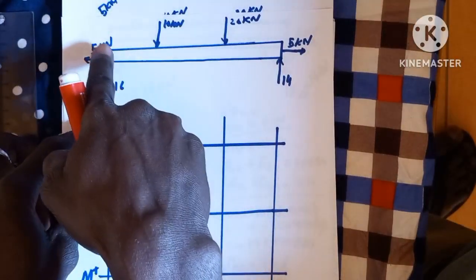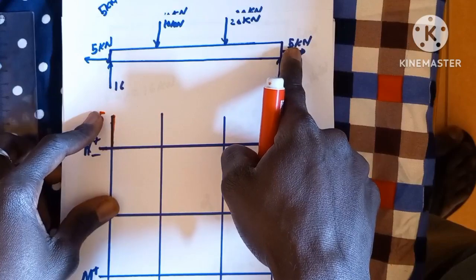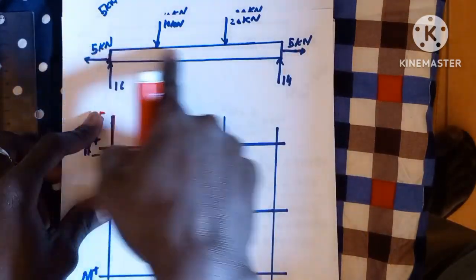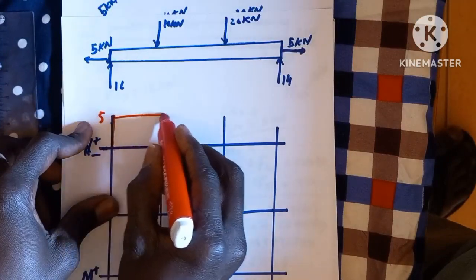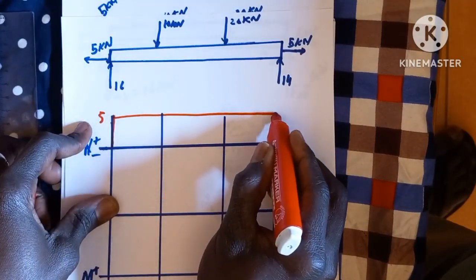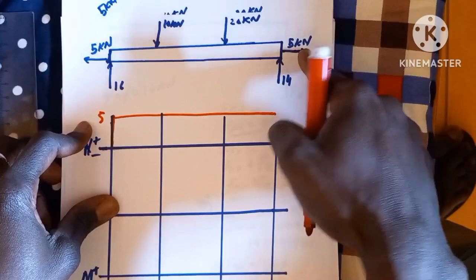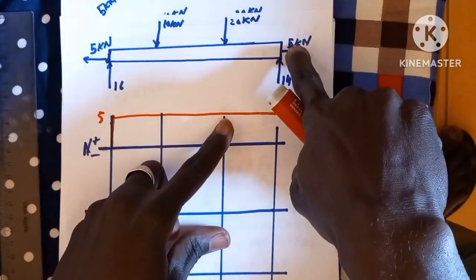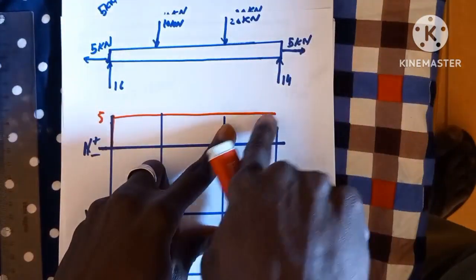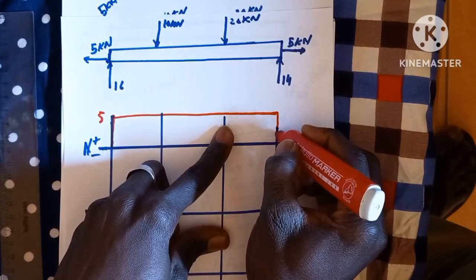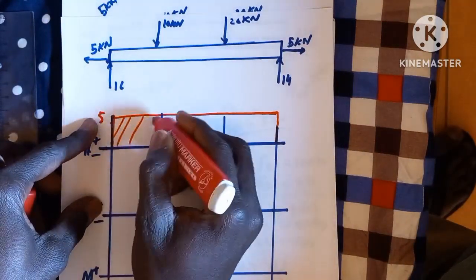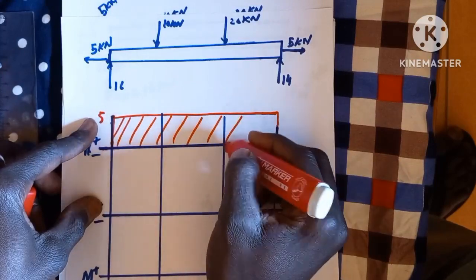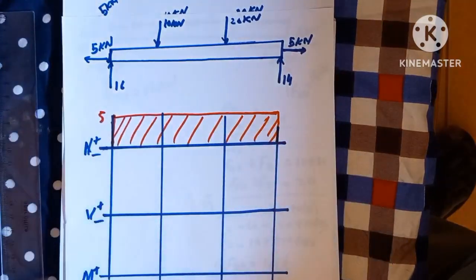Then from this point to this point, there's no horizontal force in between, so we'll go straight across. When we reach this point, we have another 5 kilonewton force that is going into the material, so it is negative. That's going to take us down to zero. This is the graph of our normal force.